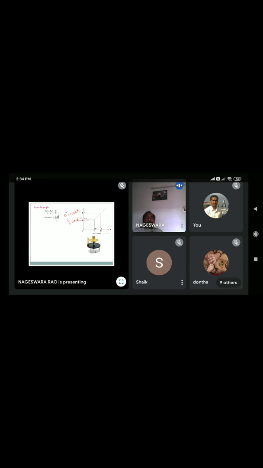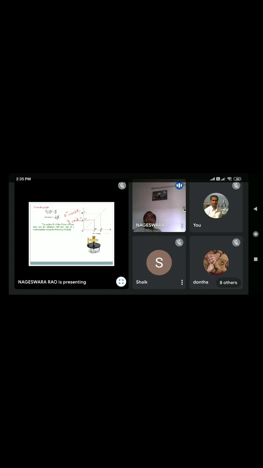What is this R? R is called the radius of curvature of the lens. What we have taken is a plano-convex lens. How can we determine this radius of curvature? We will see here. The radius of curvature of the plano-convex lens can be obtained with the help of a spherometer using the following formula.